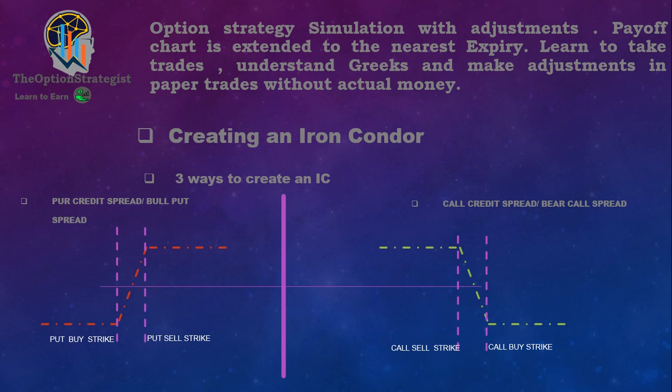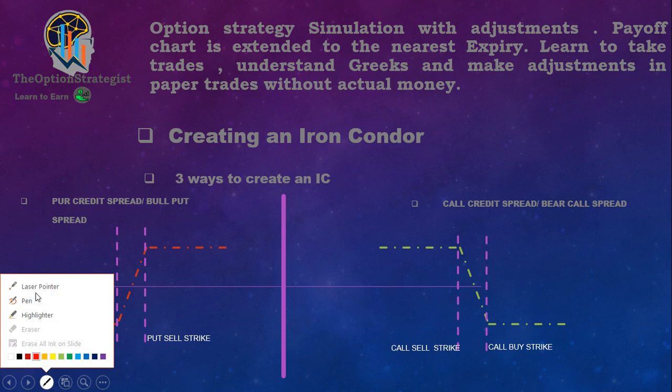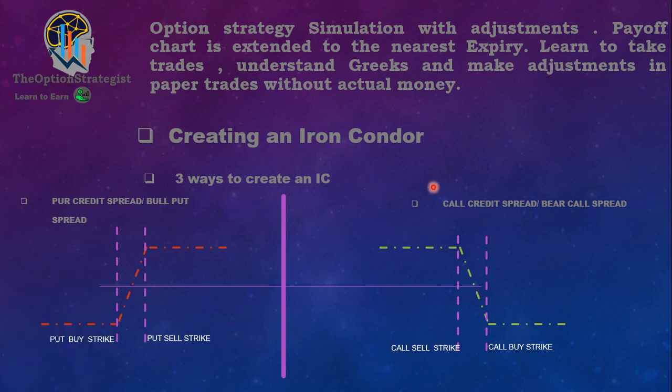There are generally three ways to create an Iron Condor. All experienced traders must know it. For this example, we just selected one of these, which is a put credit spread or bull put spread plus a call credit spread or bear call spread. Just for the newbies, we want to highlight this point: in the call credit spread or bear call spread, we sell a lower strike call and then we buy a higher strike call as protection for a premium, right?